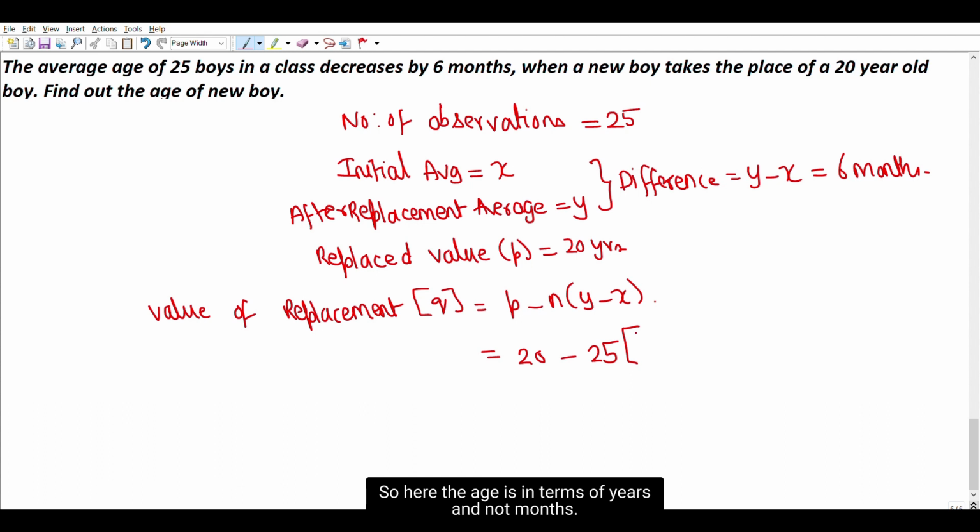So, here, the age is in terms of years and not months. So, we have to convert either p or y minus x such that they become in the same terms.